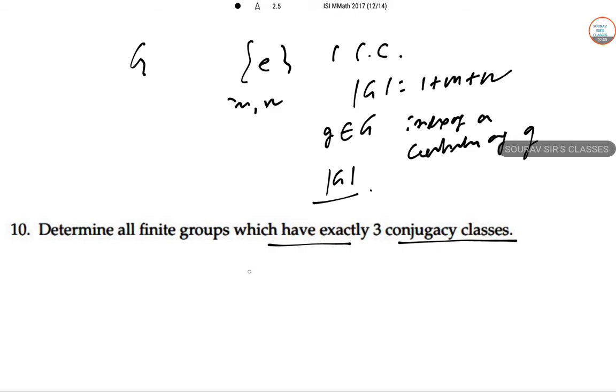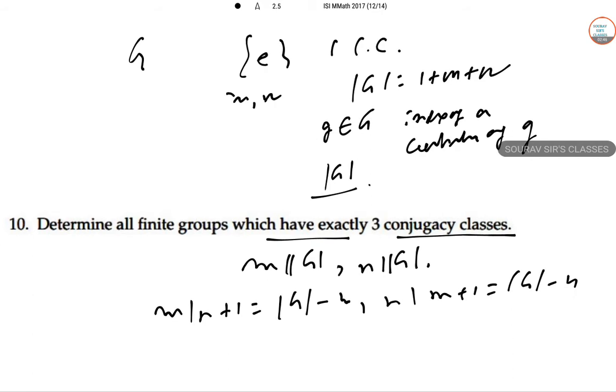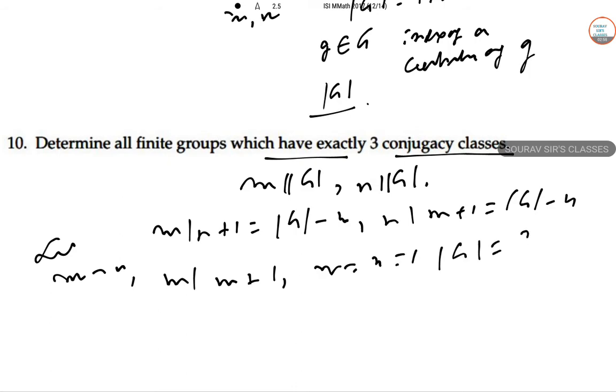Obviously m and n divide |G|, and further m divides |G| minus m, and n divides |G| minus n. If we assume m equals n, then m equals n equals 1. So this is for G.